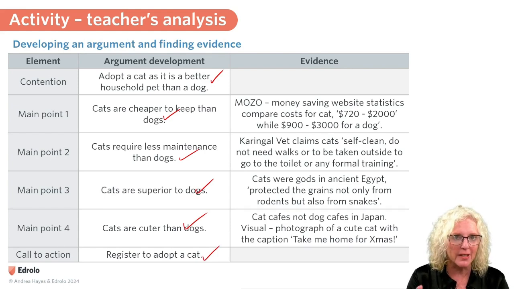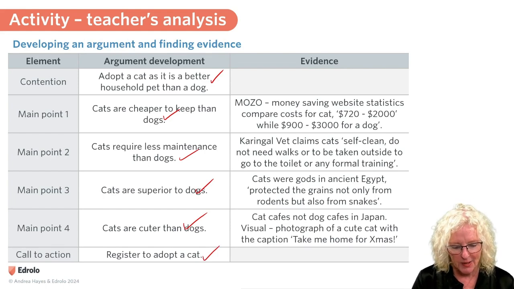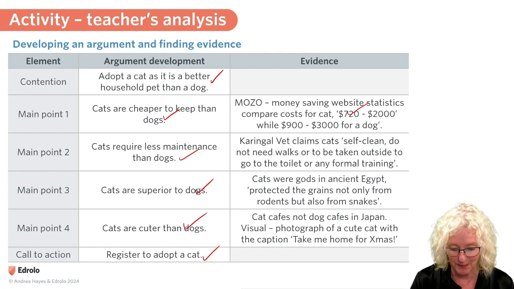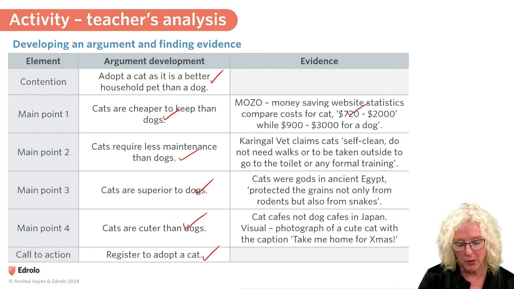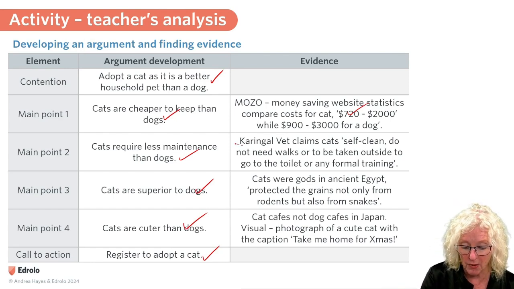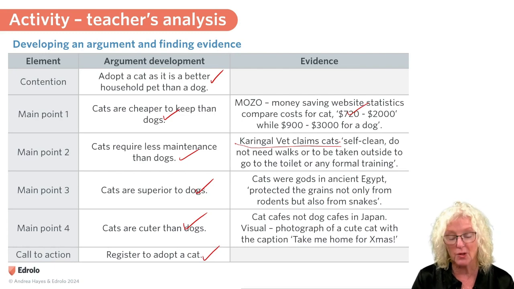Now the evidence for this. The evidence for cats being cheaper to keep than dogs was the Mozo money-saving website statistics. Main point 2, cats are less maintenance, was Kringle vet claims, so a form of expert opinion.